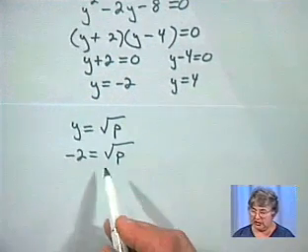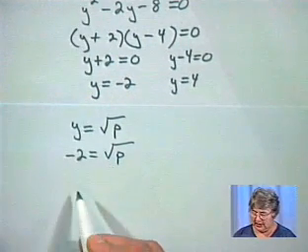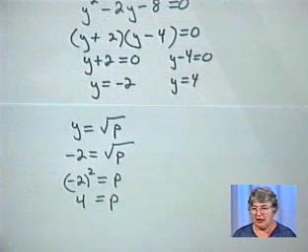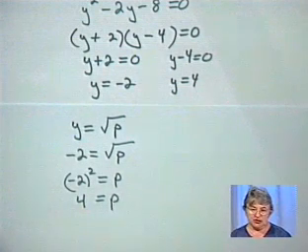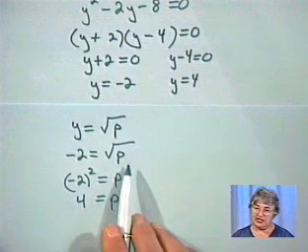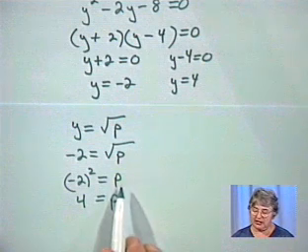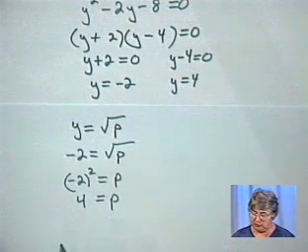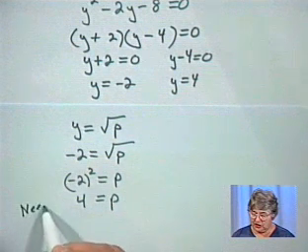Squaring both sides will get rid of the radical here. But just as you did earlier when you worked with equations containing radicals, anytime that you square, you may have introduced extraneous solutions to the original problem. And so you're going to need to check.